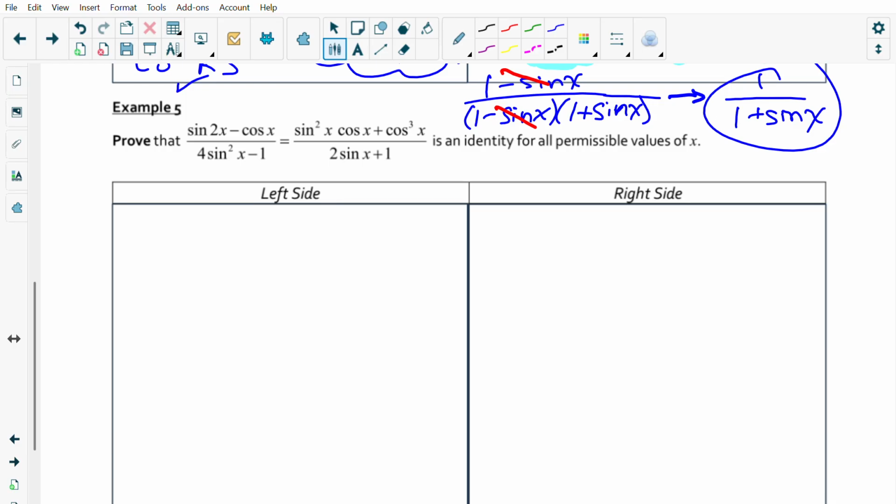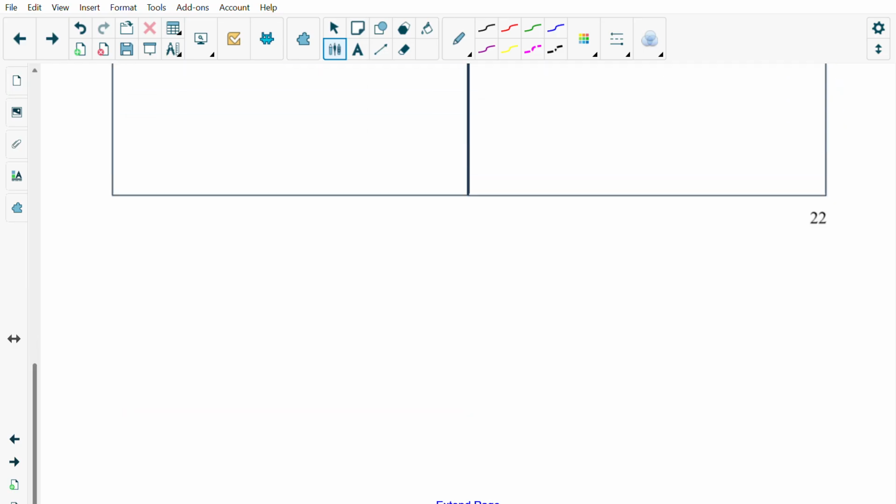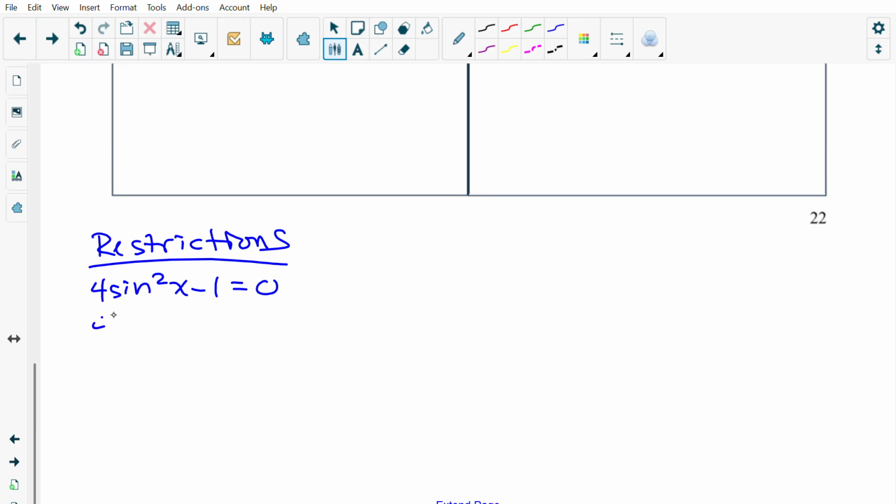Okay, let's state our restrictions. That denominator, I cannot have 4 sine squared of x minus 1 equal to 0.